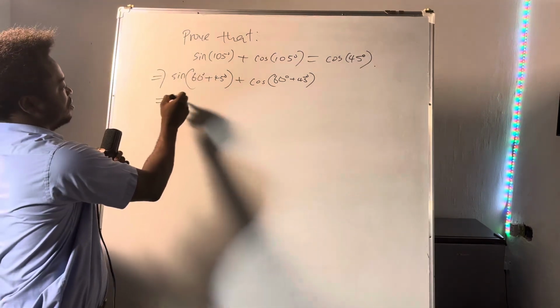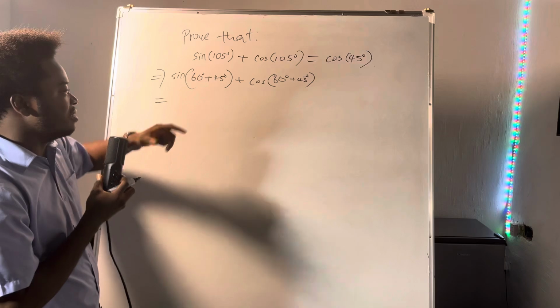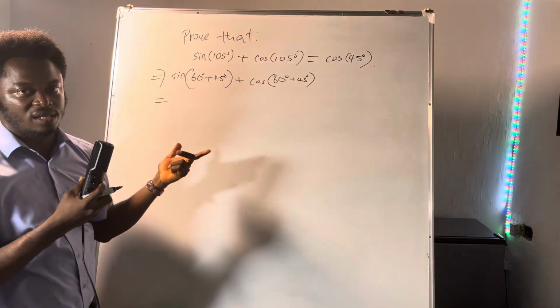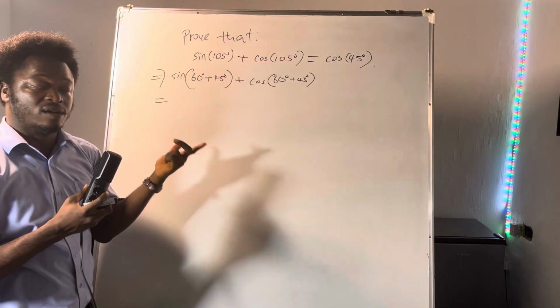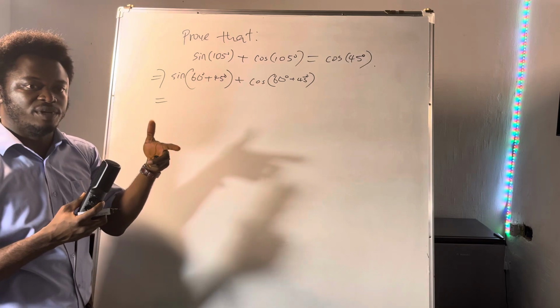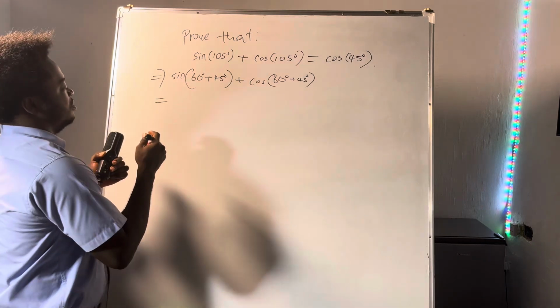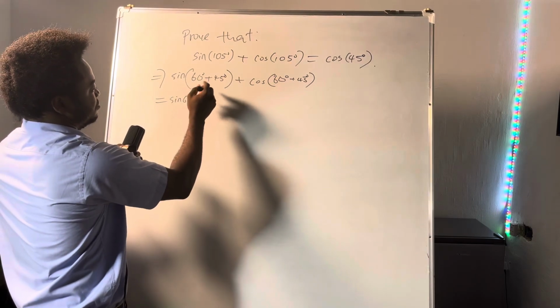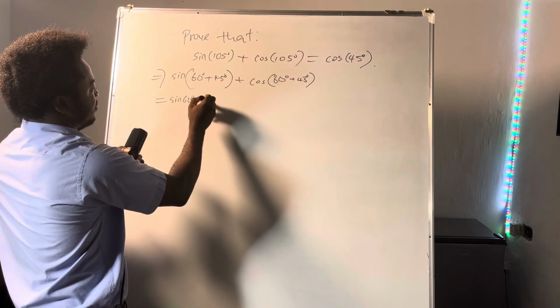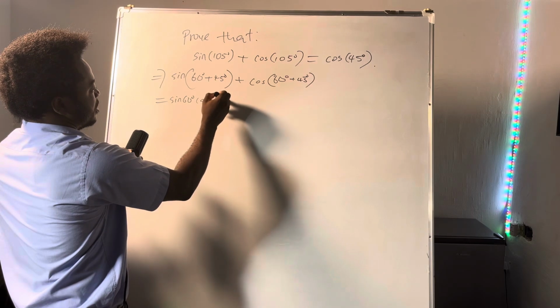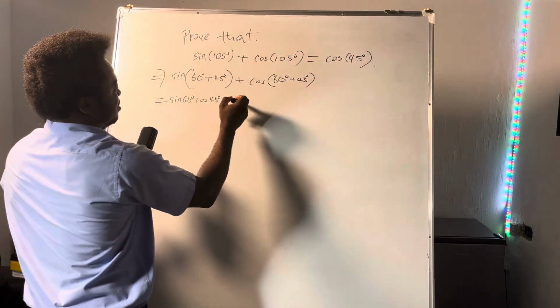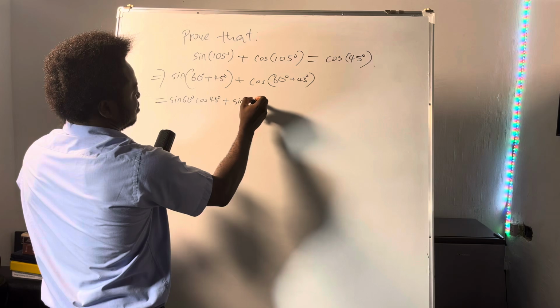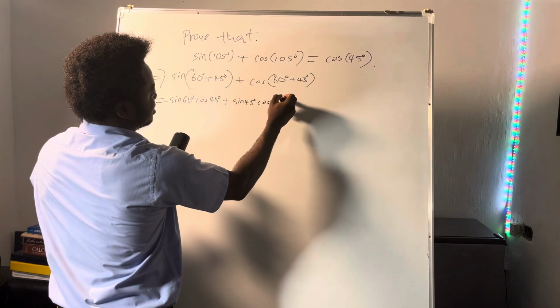Then that would reduce to, sine of a plus b is sine a cos b plus sine b cos a. So you have sine of 60 degrees cosine of 45 degrees plus sine of 45 degrees cosine of 60 degrees.